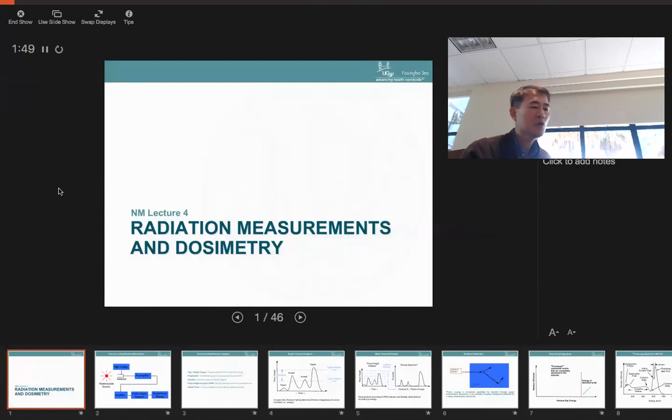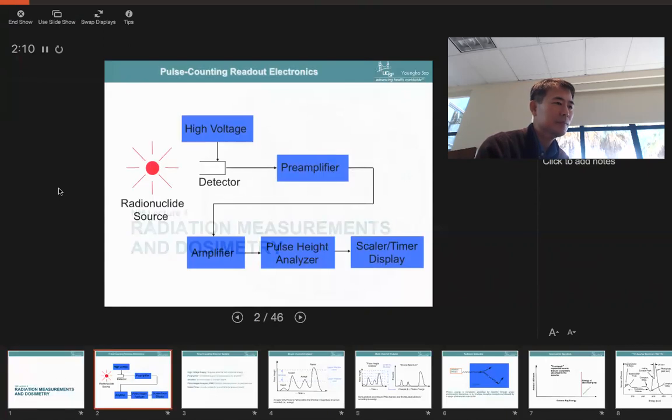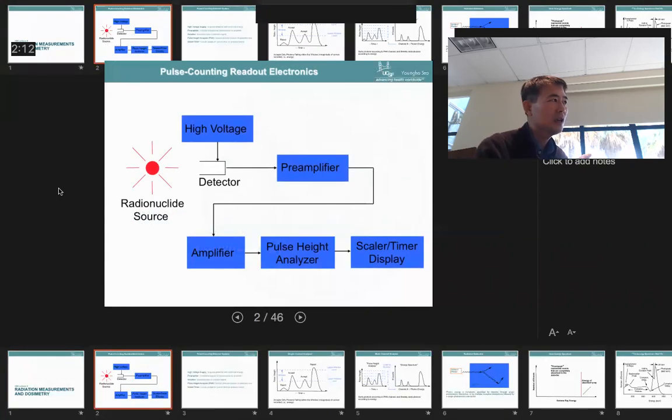So now we are getting into the measurements and the radiation dose discussion. This is the part before we talk about the actual imaging of our interest, those high energy gamma ray and X-ray photons. So we learned about radiation detectors. Let's go over this one more time.